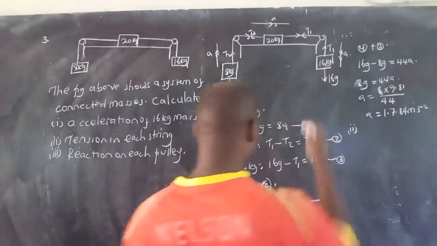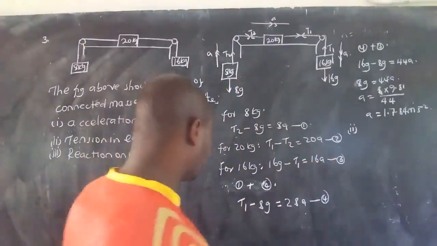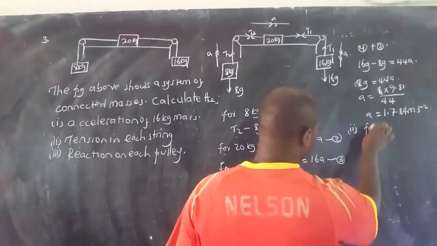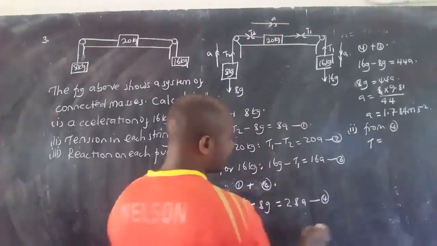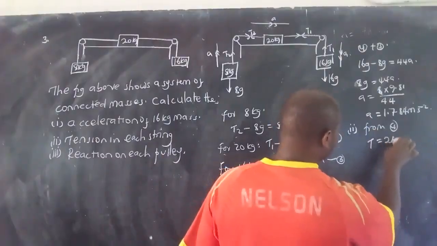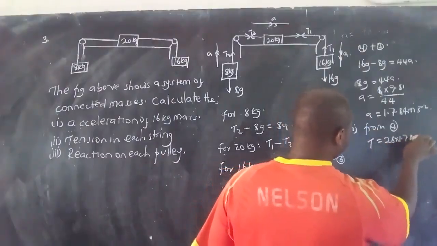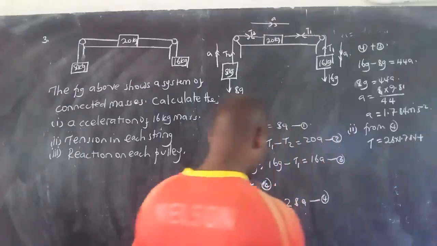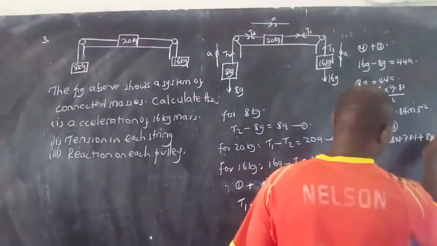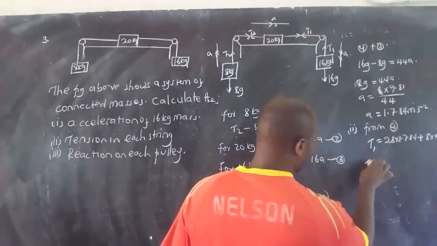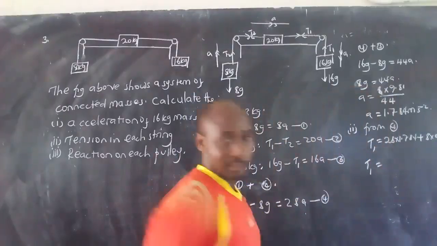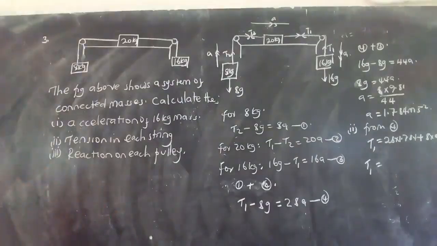So this one, what is T1? T1, substitute in what? In 4. From 4, our T1 will become 28 times 1.784 plus 8g, plus 8 times 9.81. So what is our T1 now? When you substitute, is it plus?